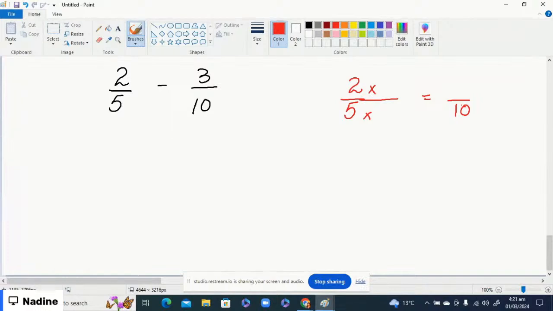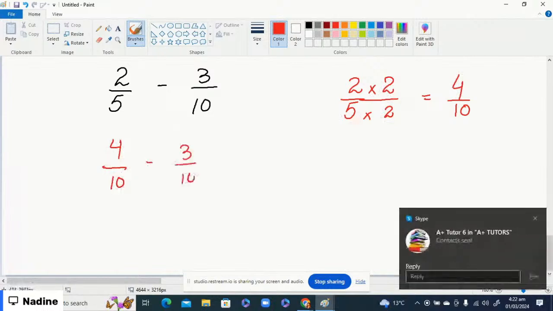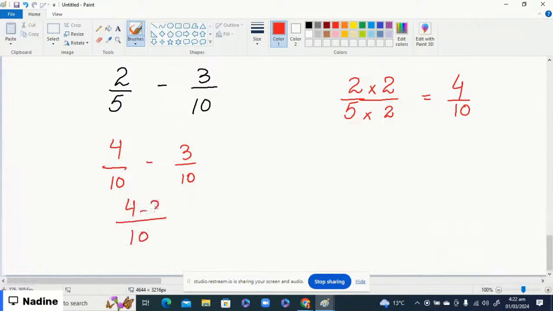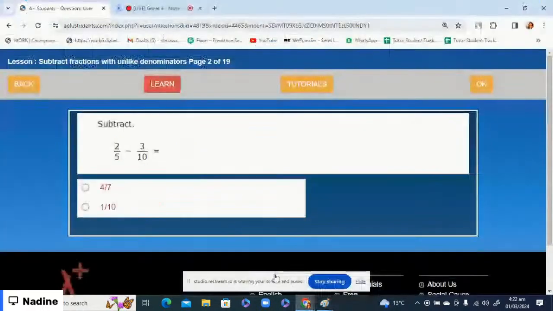Good. So we multiply and divide with 2. 2 times 2 is 4 and 5 times 2 is 10. So 4 by 10 minus 3 over 10. One denominator here, then subtract 4 minus 3. Your answer is 1 over 10. Let's check, is there any answer 1 by 10? Yeah, option B.